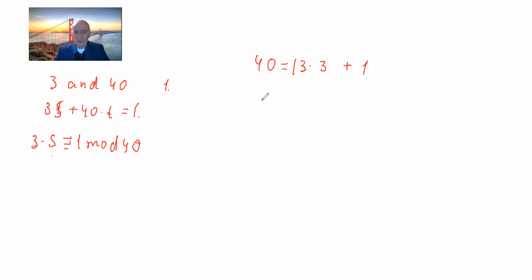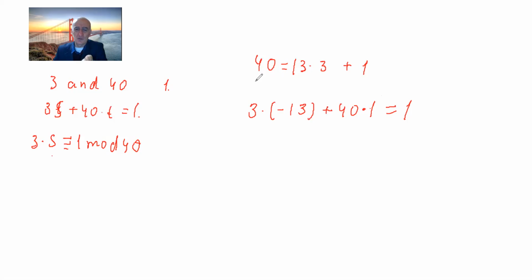And from here, we can write down that 3 times minus 13 plus 40 times 1 equals 1. Of course, I can write this in different ways.